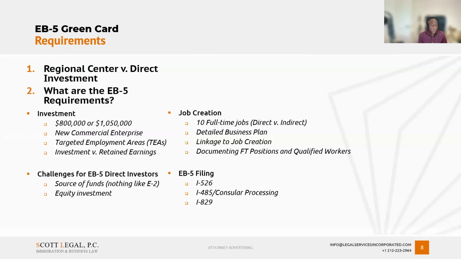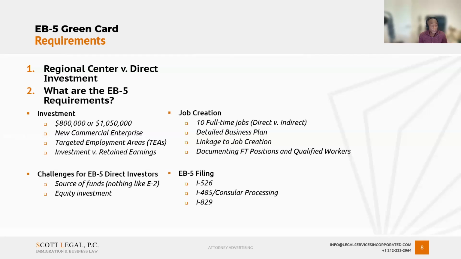So let's say we have a hotel, like a Hilton hotel chain, that wants to raise capital, and they say, "Oh, I want to raise $100 million, and I'm going to utilize the EB5 program to do that." And they do that, and then they go about creating the jobs. That particular one is appealing to some people because they prefer a much more passive investment and not have to do anything.